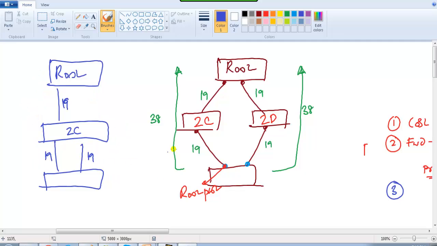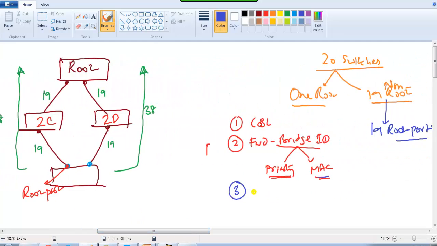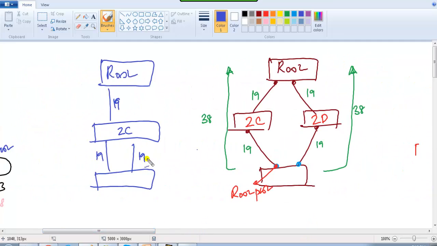It is going to see the port number you are connecting to. Let's say I'm connecting on port number 23 and port number 24. It's going to see the upstream port number, and based on that, the least port number will be preferred. In this scenario, this port will be considered as the root port.